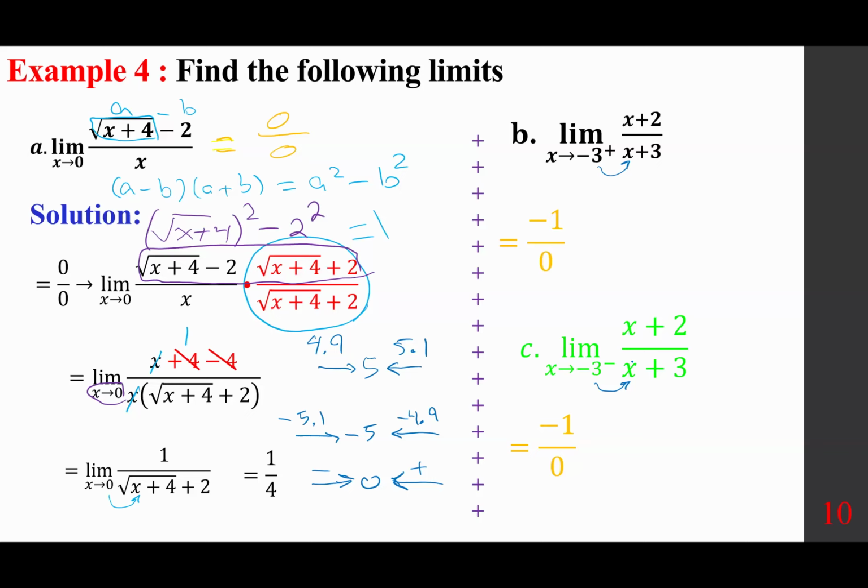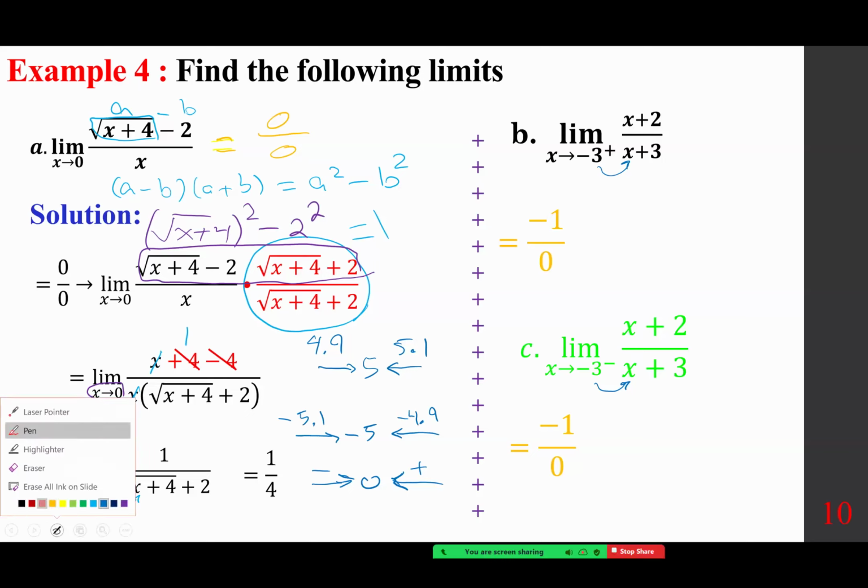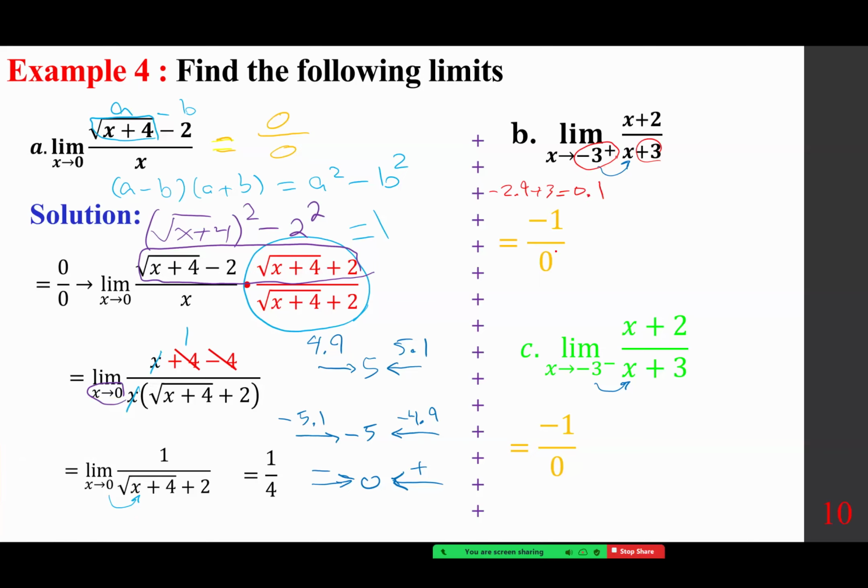So you actually pick a number from the right. I highly recommend you pick an example. You can even pick negative 2, but negative 2.9, we want to add 3 to it, and that gives us 0.1, meaning this is positive, everybody.